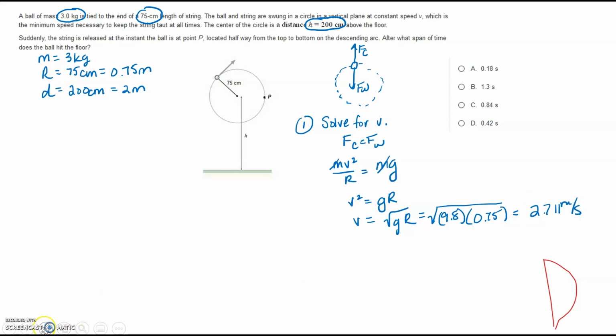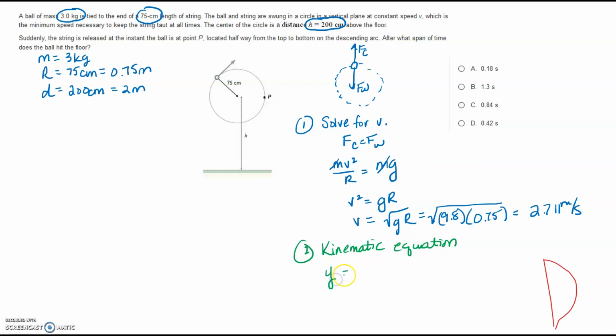Okay, I'm going to change colors for my next part, because the second part is a kinematic equation. They don't ever go away. Okay, so what I did was I did it in the y direction.